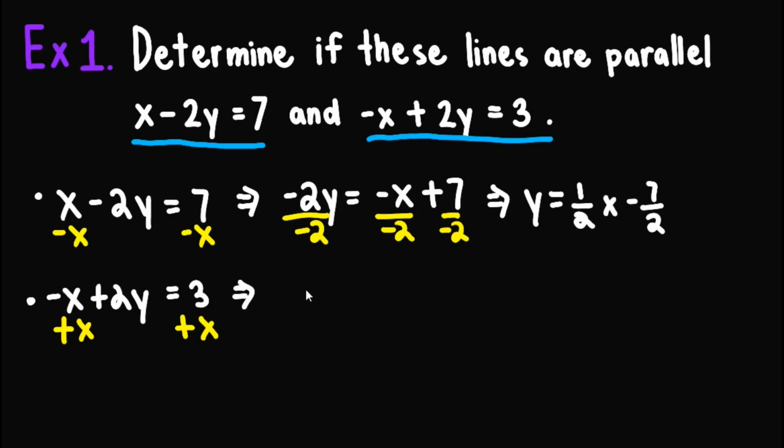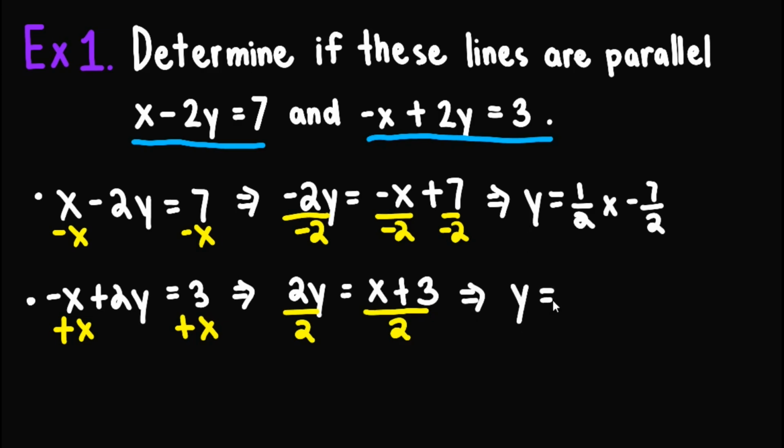This will give us 2y equals x plus 3. Then we divide both sides by 2 to obtain y equals 1/2 x plus 3 over 2.